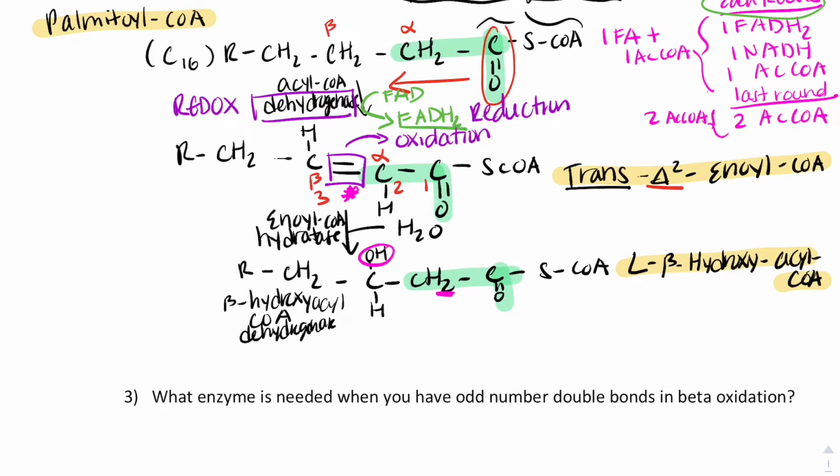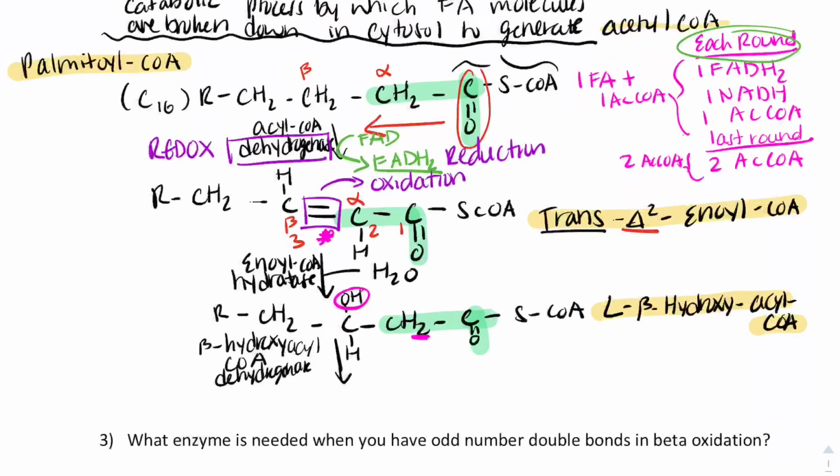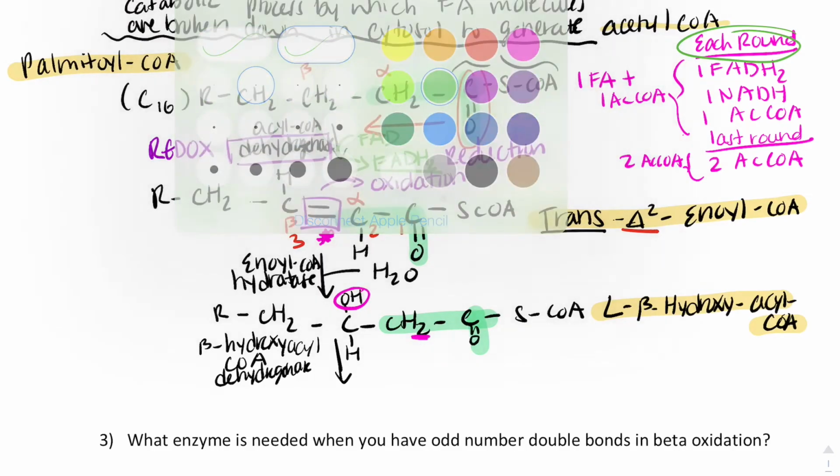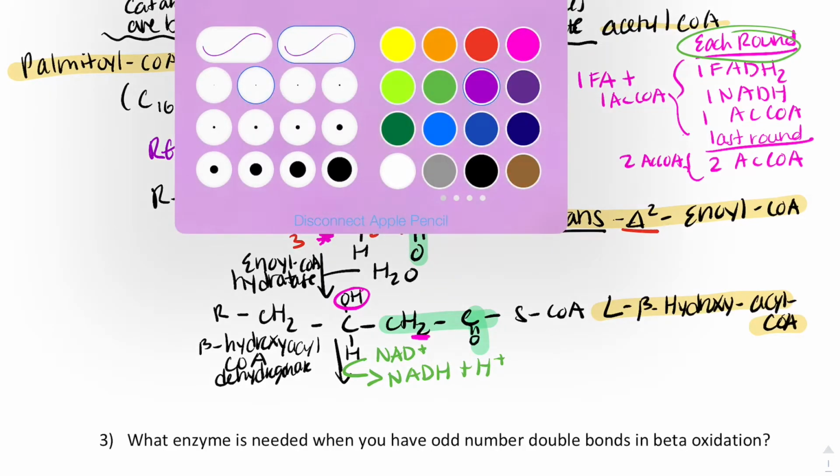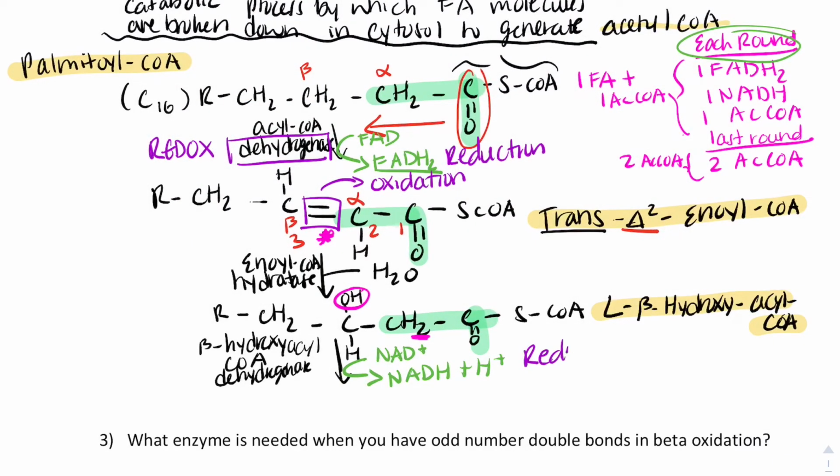Again, anytime we have dehydrogenase, we have some type of redox reaction. Instead of FAD, we have NAD+. NAD+ is forming NADH, and this is where reduction occurs.